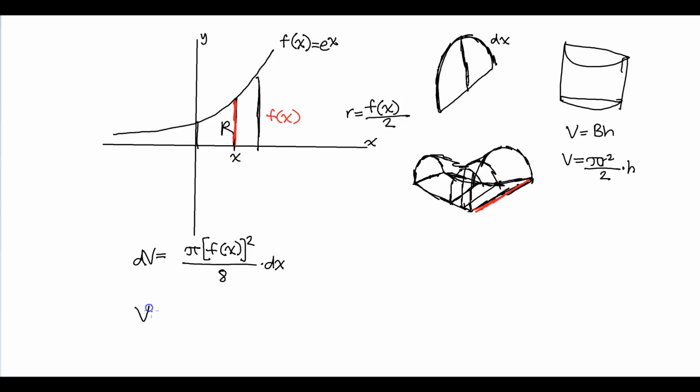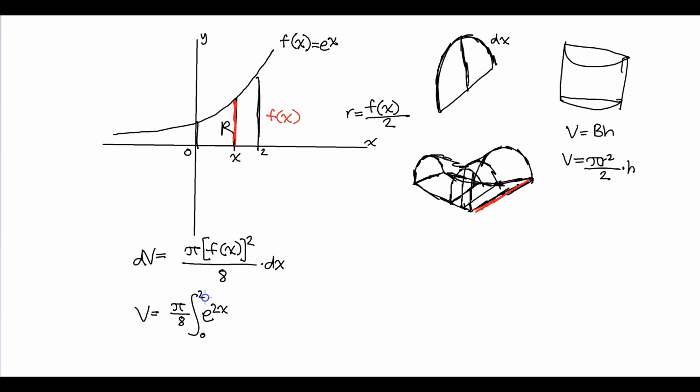Now, if we were to integrate, we can take the pi over 8 out. So you have pi over 8 times the integral of e to the x squared, which is essentially e to the 2x. And let's take the solid from 0 to 2.